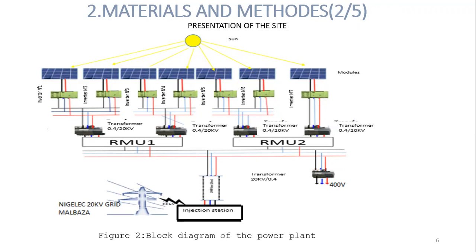A total of 4 transformers are used to raise the voltage from 400 volt AC to 20,000 volt AC. The 4 transformers are then coupled in parallel 2 by 2 by a main unit, what we call RMU. The output of this RMU is then coupled in parallel on a 20 kV bus bar to inject energy into the network.